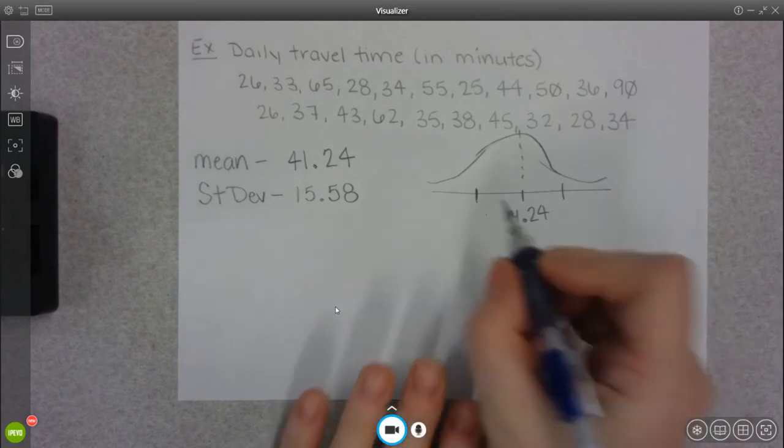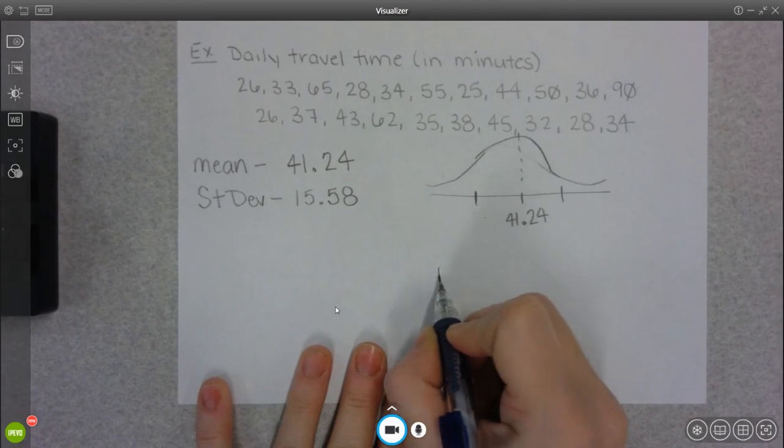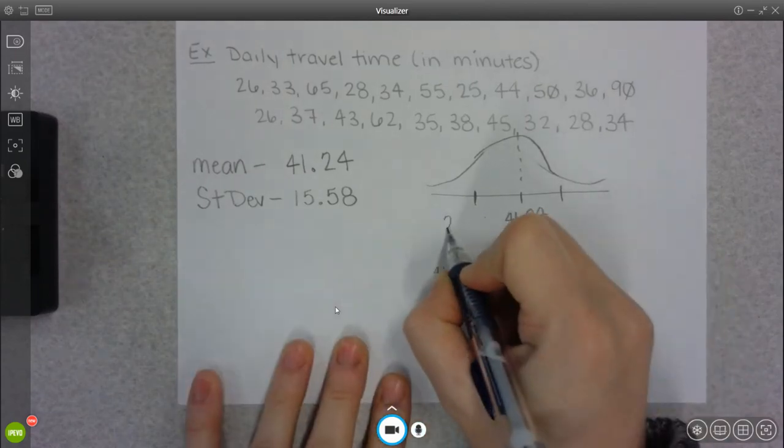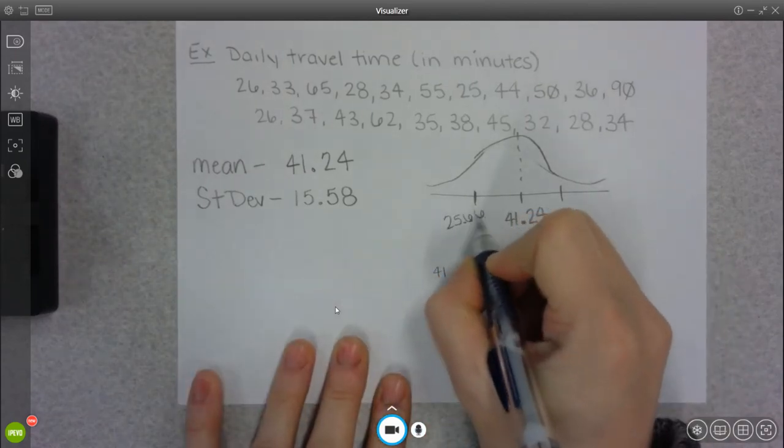So to find this one, I'm going to do 41.24 minus 15.58. So 41.24 minus 15.58, which gives me 25.66.